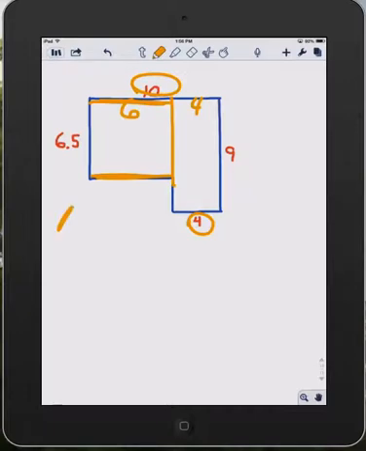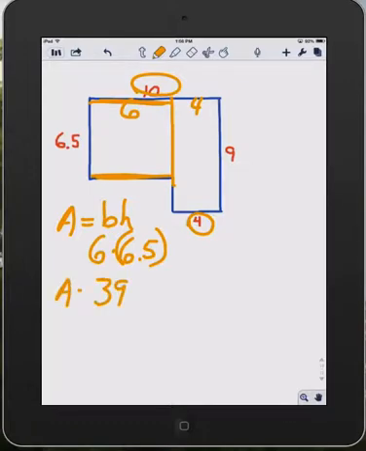So the area of the rectangle on the left, base times height: the base is 6, the height is 6.5. 6 times 6.5 is equal to 39. So that's the area of the rectangle on the left.